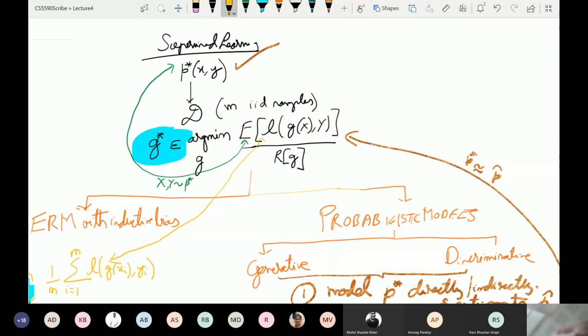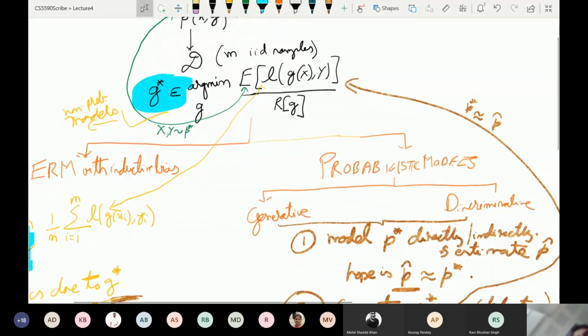These are the two approaches. These are probabilistic models, which try to find P star, and these are empirical risk minimization methods, non-probabilistic. Nobody calls it non-probabilistic, but just for your understanding. Okay, so is that clear?